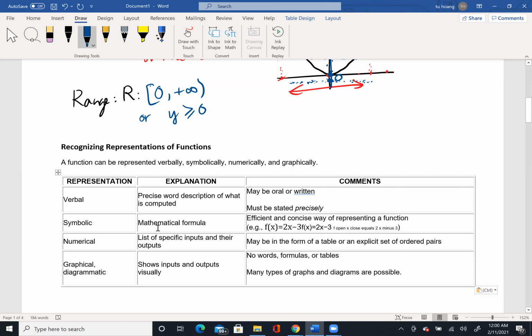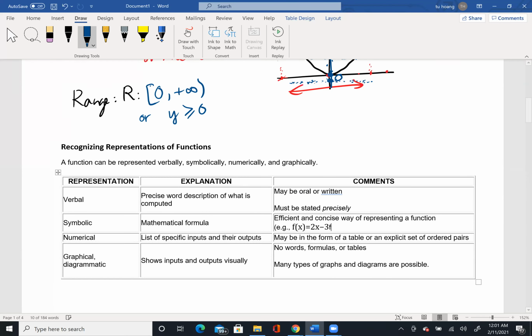For symbolic, it is a mathematical formula, and it is an efficient and concise way of representing a function. For example, f(x) = 2x - 3. So this is going to be a function. All right.